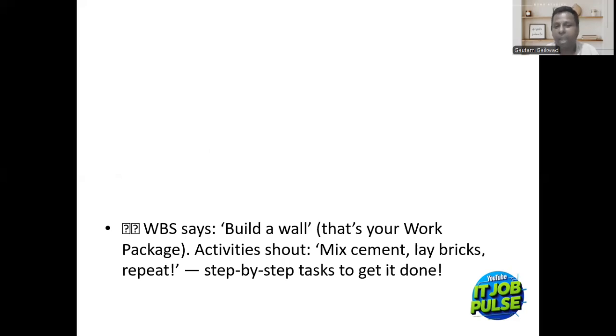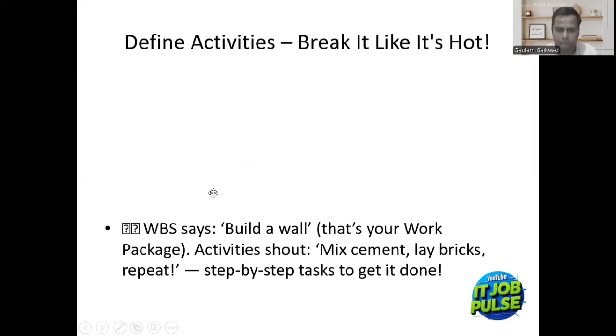And you break down the work package into activities: mix steel and cement, lay bricks, repeat, step-by-step tasks to get it done. So this is how WBS meets the real project. So we need to define activities, break it down like it's hot.